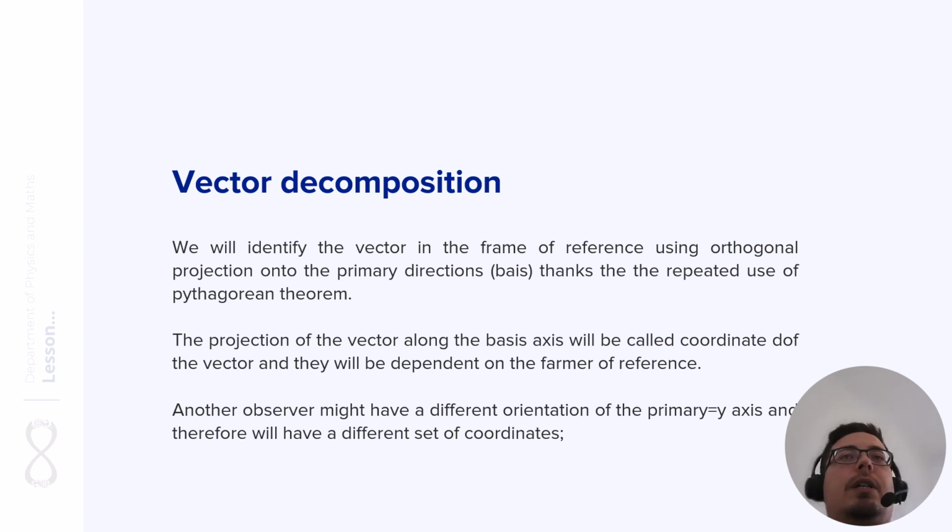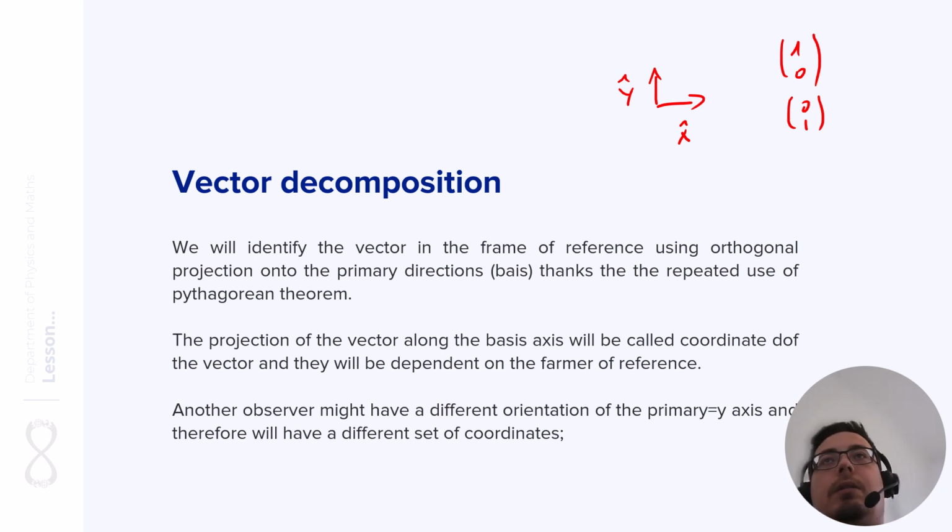Okay, so we just saw the vector decomposition in coordinates. We have a basis, which is x and y. These are two vectors of length 1. This is an orthonormal basis because they are orthogonal to each other and of length 1. There are other kinds of bases that are not orthonormal, but we're not going to talk about those at the moment. This concept can be generalized as long as the two vectors that compose the basis have an angle in between.